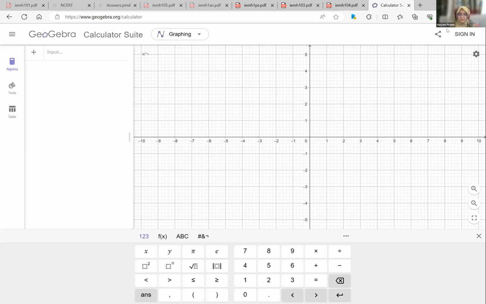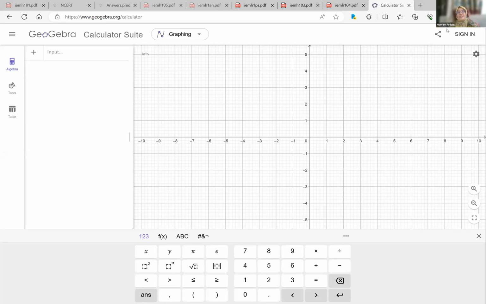2x plus 3y. Okay, 2x plus 3y equals what? It should be equal to something. 2xy plus 3x. You are saying 2xy.